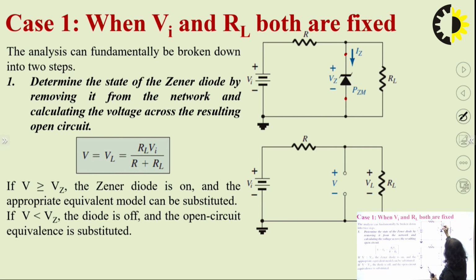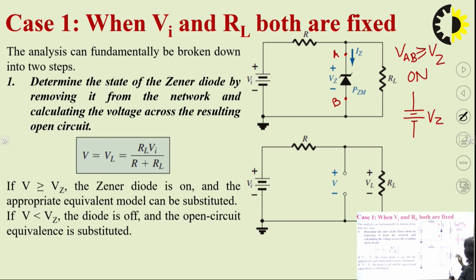If we mark the terminals A and B, and the voltage appearing across these terminals, VAB, is greater than or equal to Vz, then the Zener is on. And when the Zener is on, it will be replaced by a battery of Vz.